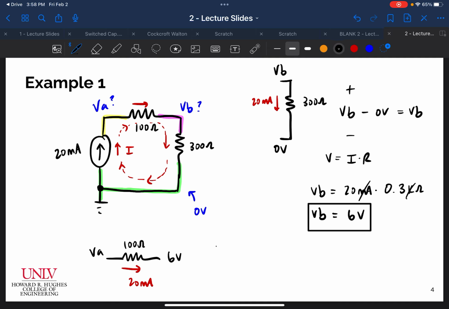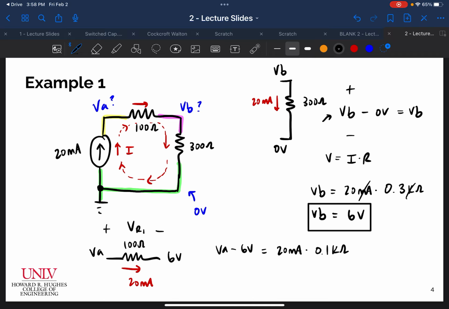So I can say, again, VA minus 6 volts. Again, that's the voltage drop across my resistor. I can call that the voltage across R1, and if we want, we could have called this the voltage across R2. The voltage across R1, VA minus 6 volts, is equal to I times R. So we know already that I times R is 20 milliamps times, I'll write it as 0.1 kilo ohms in this case, right?